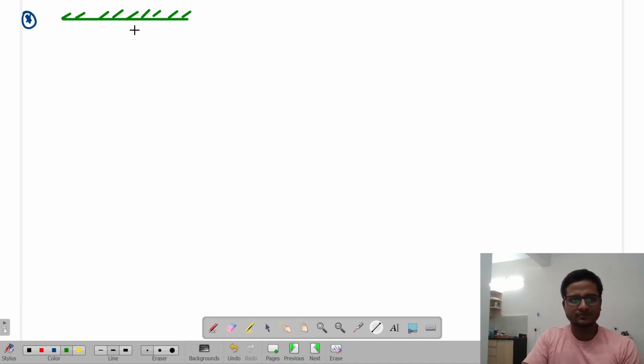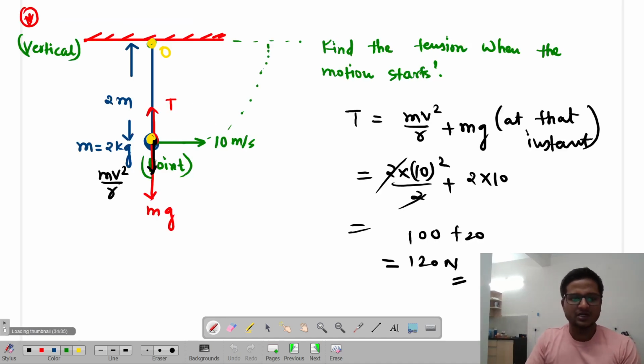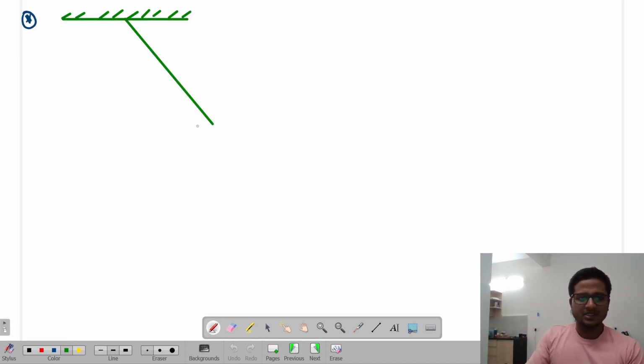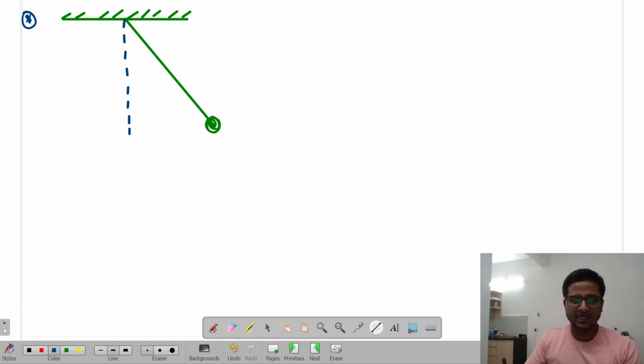In the previous case I took the full vertical position. Now this mass is present over here and it's making some angle theta with the vertical axis.